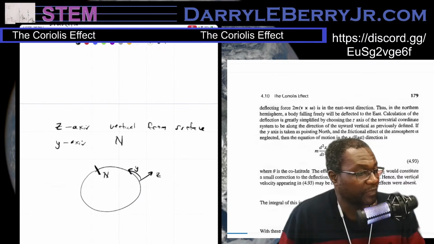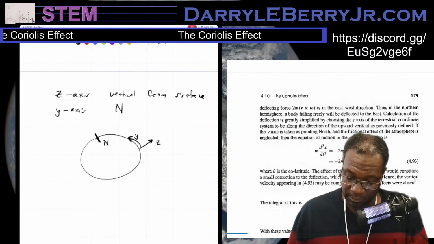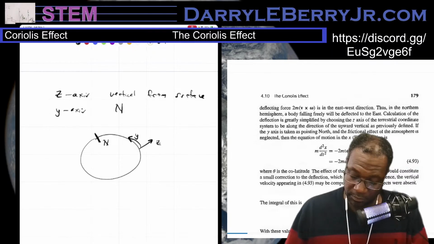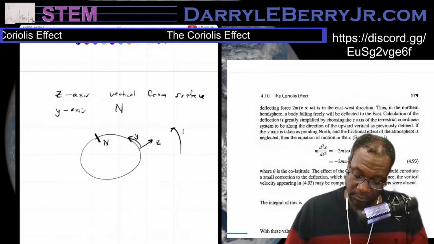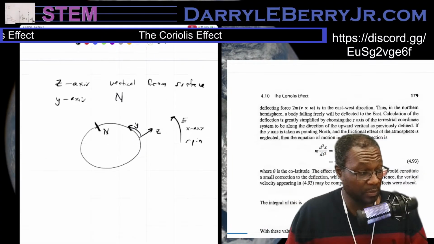And the frictional effect of the atmosphere is neglected. Then the equation of motion in the x-east direction is, the x-axis is going in the direction of spin.